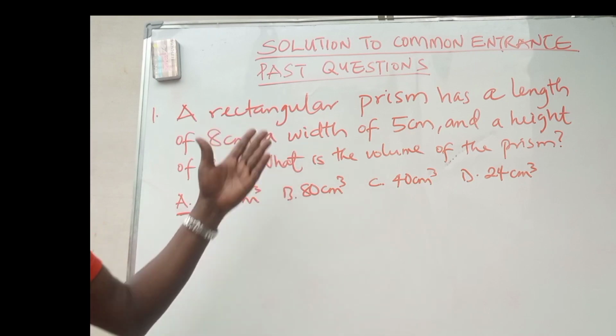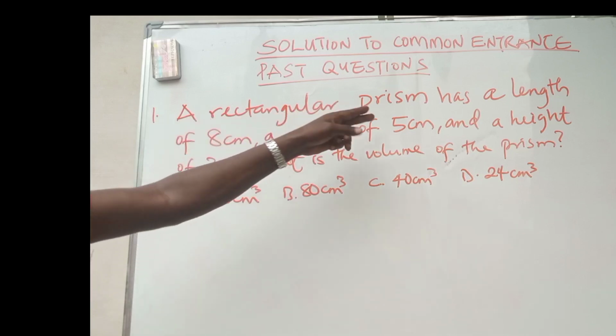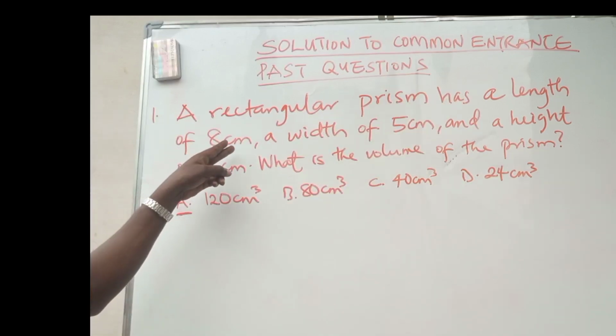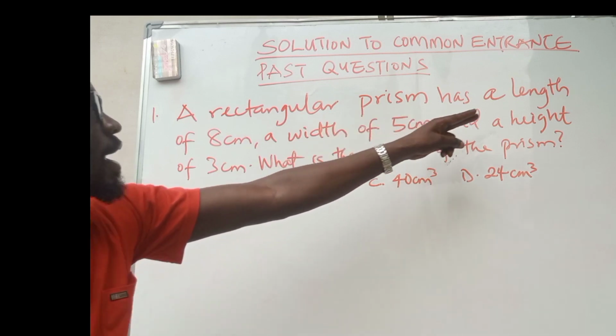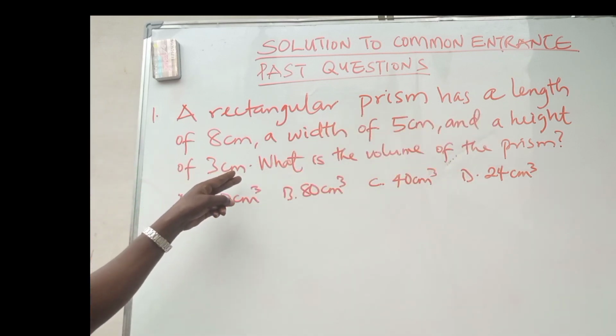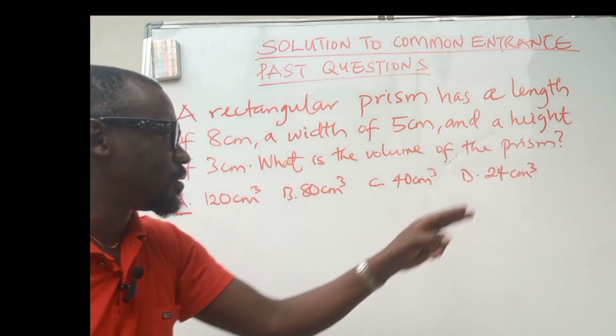Yes, we have this particular question from an Air Force school, and the question says a rectangular prism has a length of 8 centimeter and a width of 5 centimeter and a height of 3 centimeter. The question now is what is the volume of the prism?